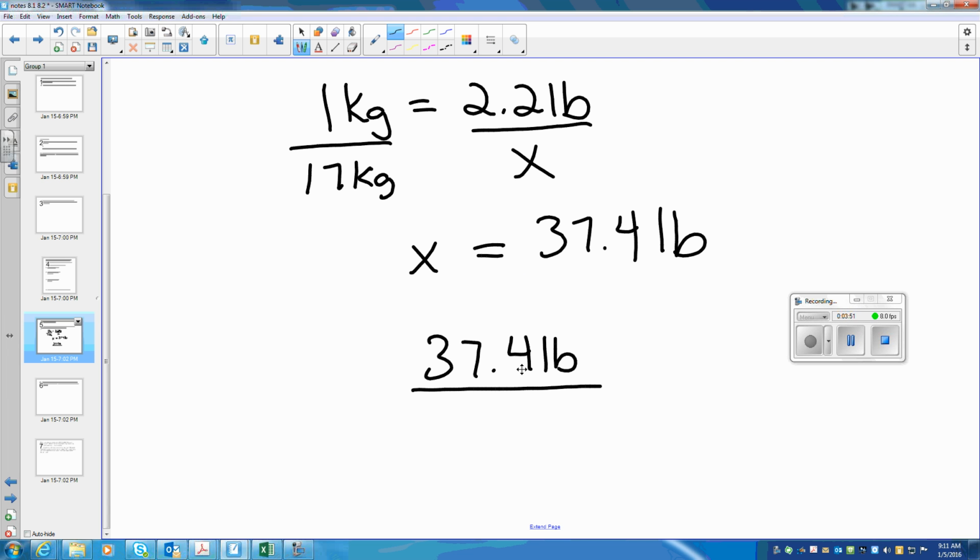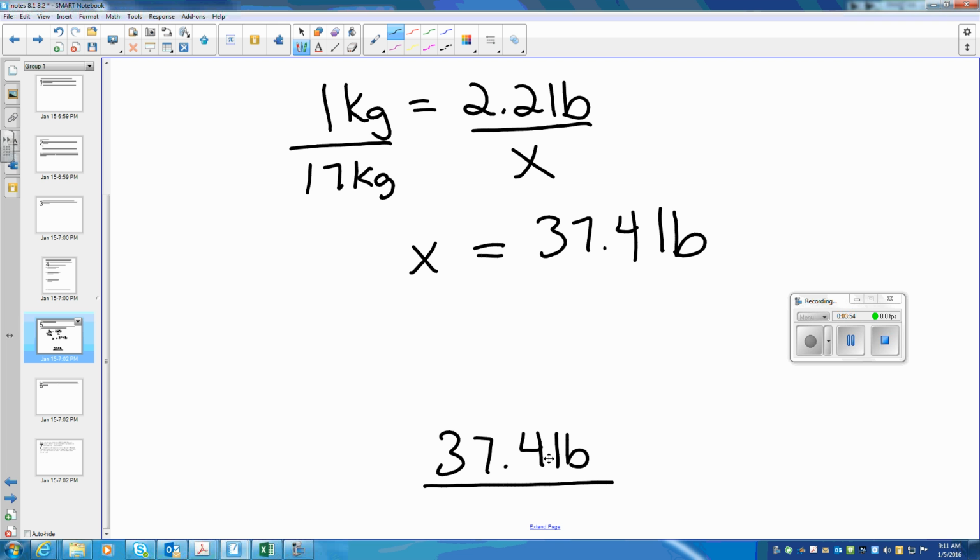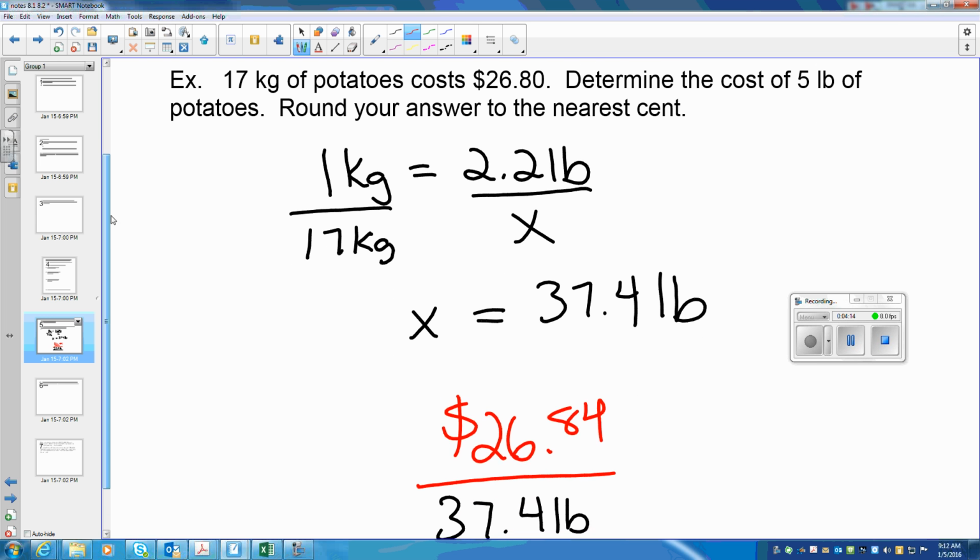So let me take this 37.4 pounds and put that underneath, and I'm going to do $26.84 divided by 37.4, and we get, sorry, it's not 84, 26.80.